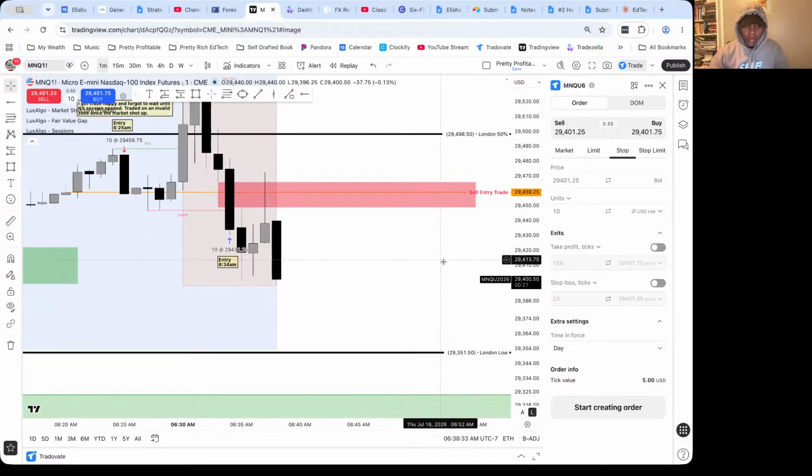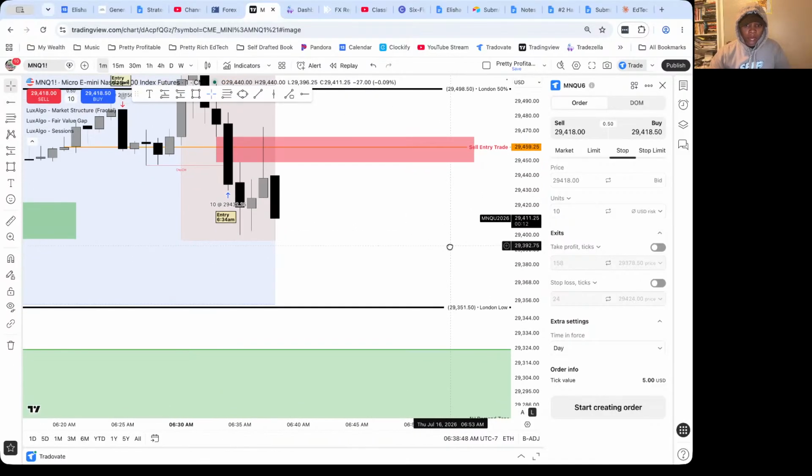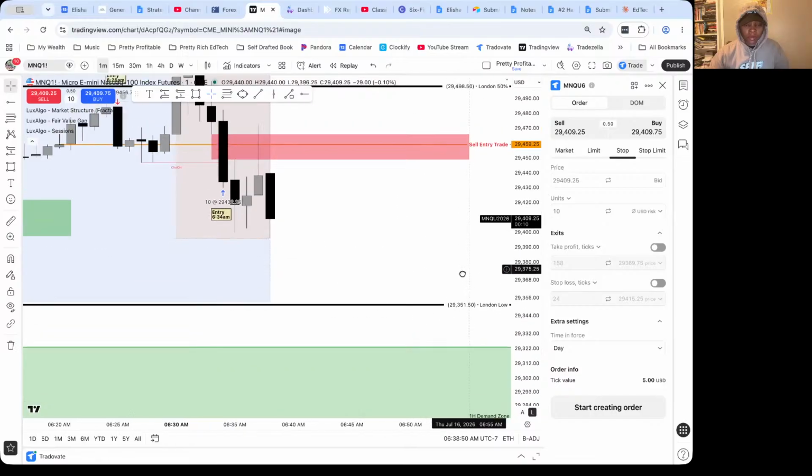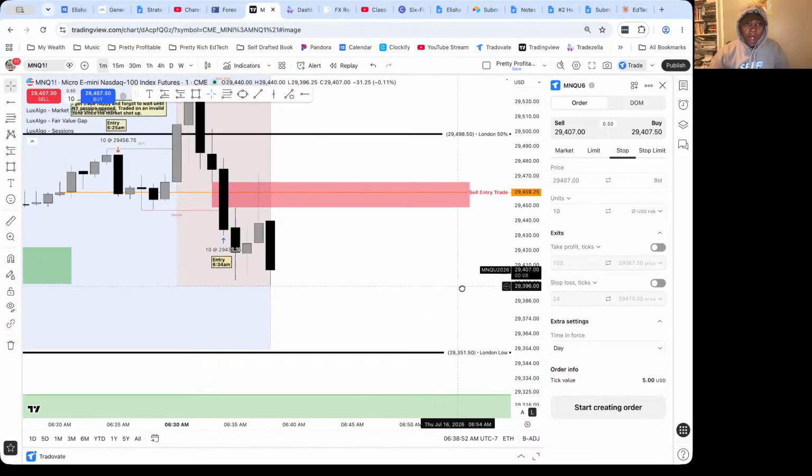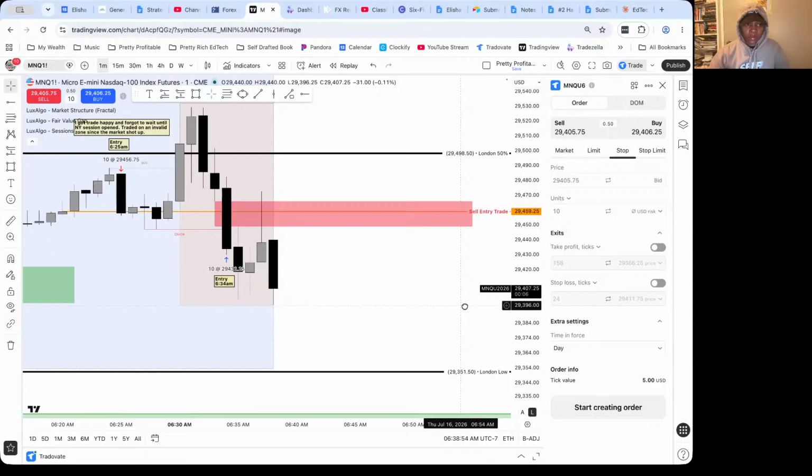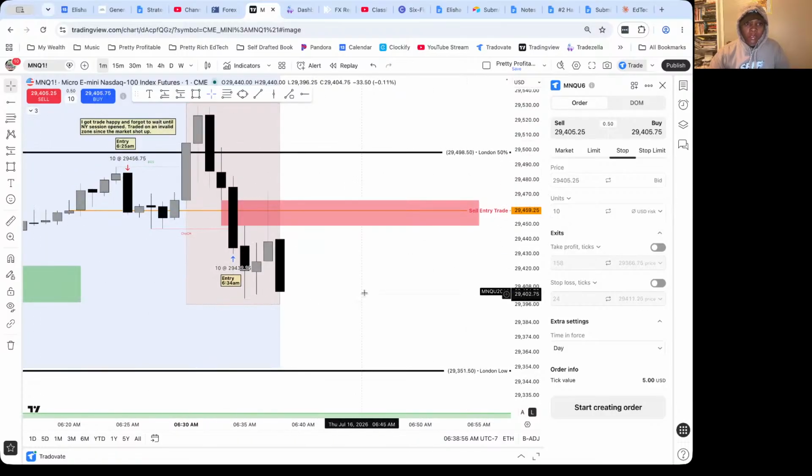So right now I could be like, oh okay, we got a gap. We got a rejection candle, long wick, small body. If this candle closes below here, I could enter off of this. However, I also got this 1 hour demand zone right here. So I would prefer to be patient. That's just what it is.